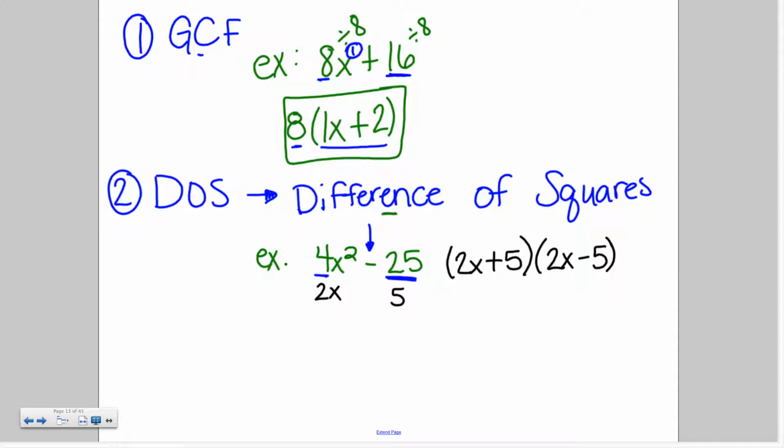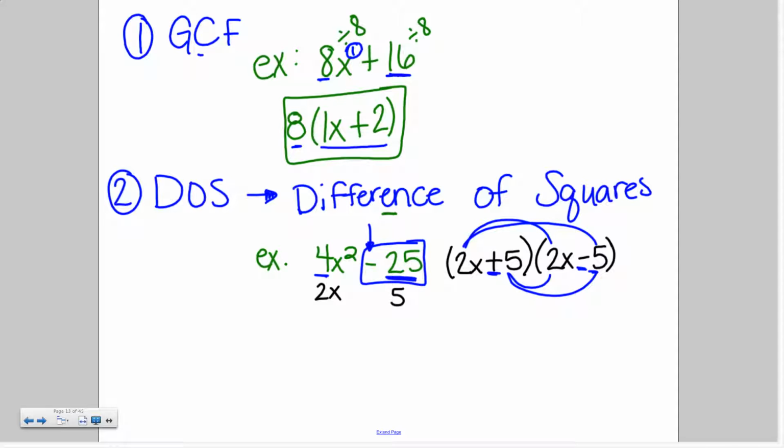All right? Now the reason that I need a plus here and a minus here is if you remember the box method or the foiling method where you multiply these two and then these two and then these two, you're going to multiply the 5 and the 5, and whatever you get, you want it to equal this negative 25 right here.